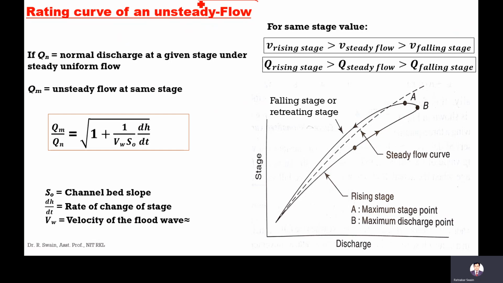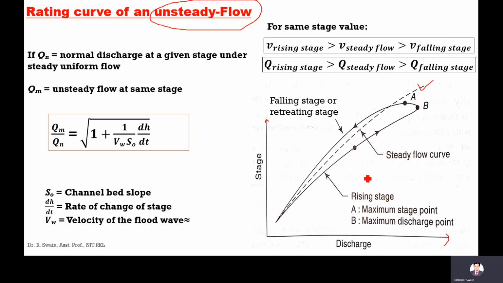How does the discharge change with stage in unsteady flow? This dotted plot is for the steady flow curve between stage and discharge.